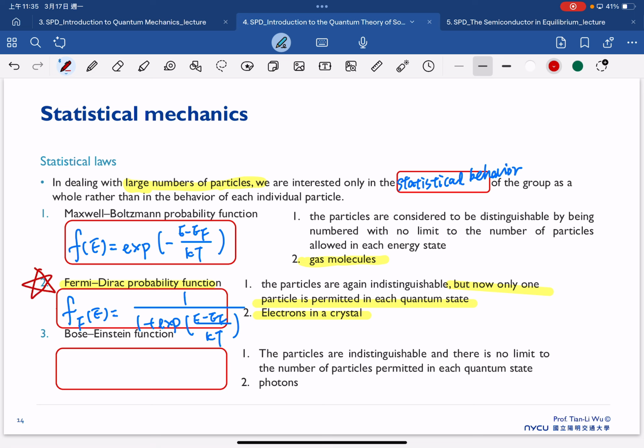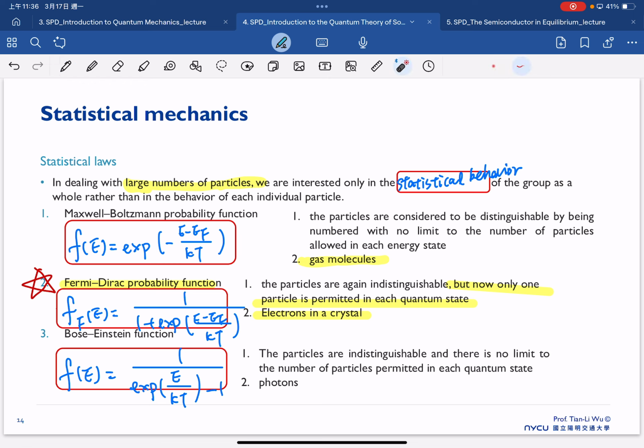Of course, there's a third one, called the Bose-Einstein function, which is F(E) equal to one over exponential of E minus EF over kT, minus 1.